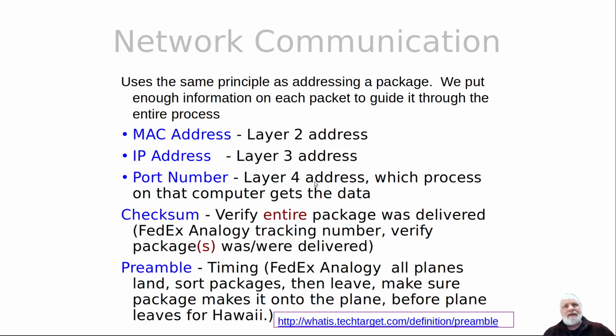So the port number is on that transport layer. Okay, and so for us, we've already kind of seen this in class when we tried to connect to our BeagleBone. We put in 192.168.7.2. That was the IP address, which was up here at layer 3.